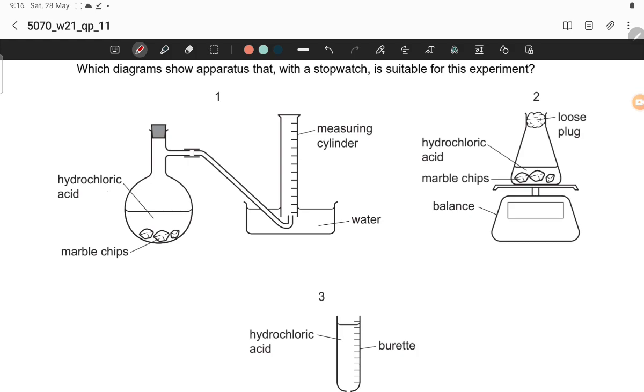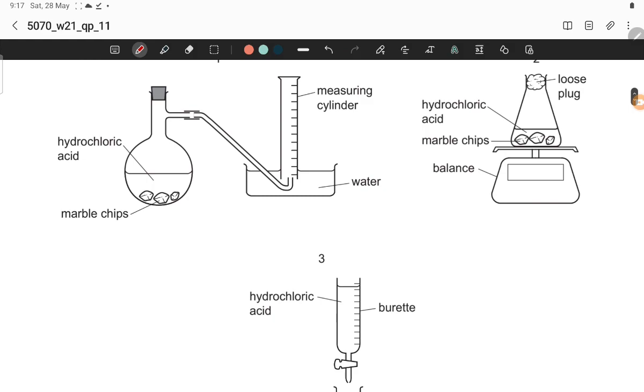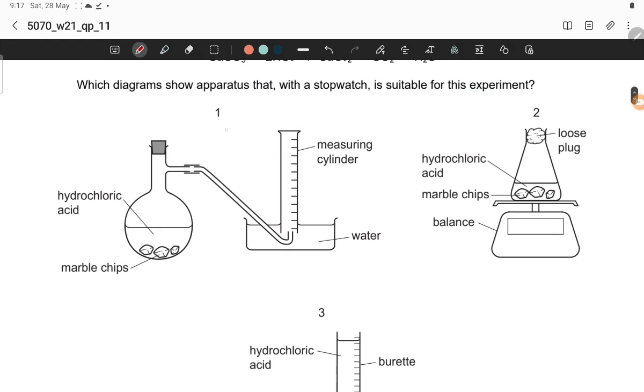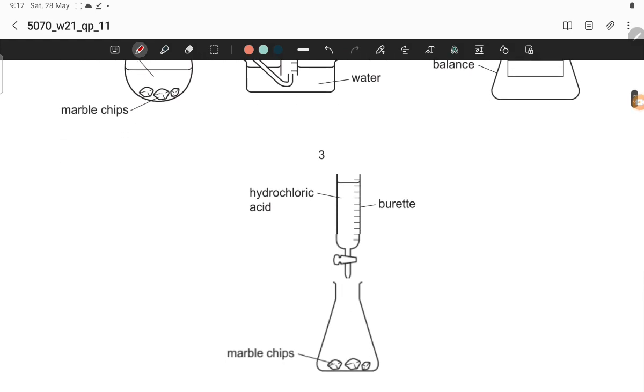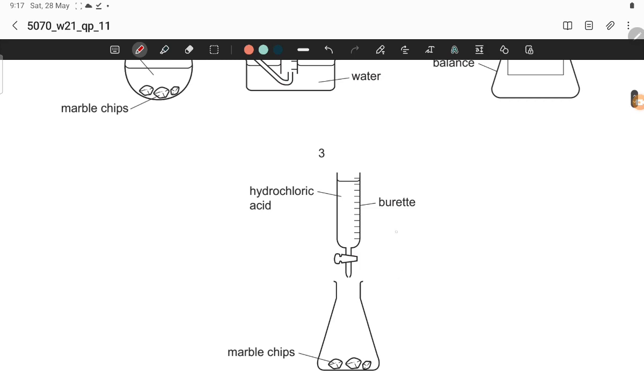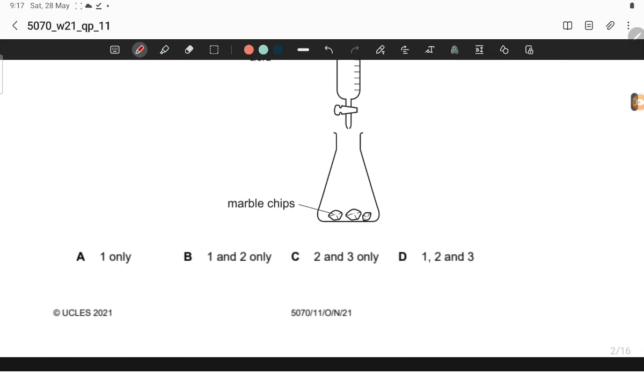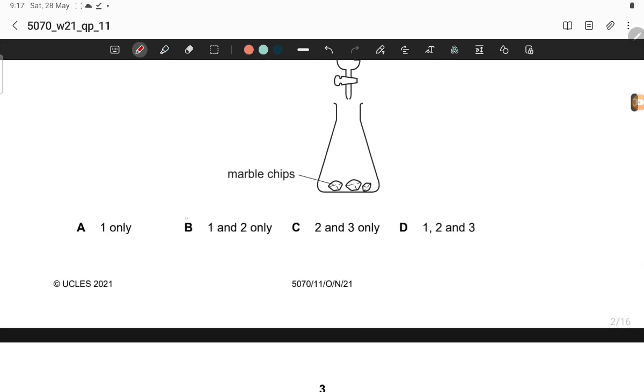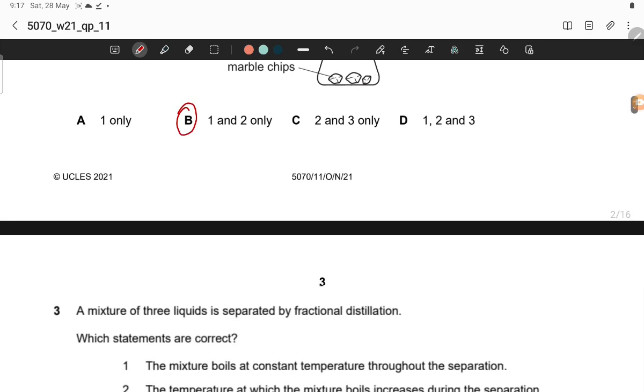Gas is collected over here, and this one uses a balance with a cotton wool plug. So apparatus 1 and 2 can be used and this one cannot, so option B is correct.